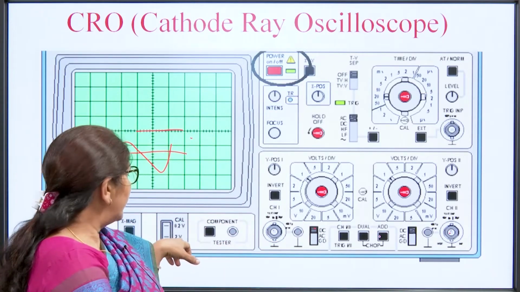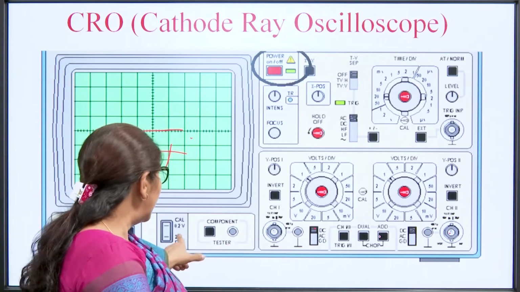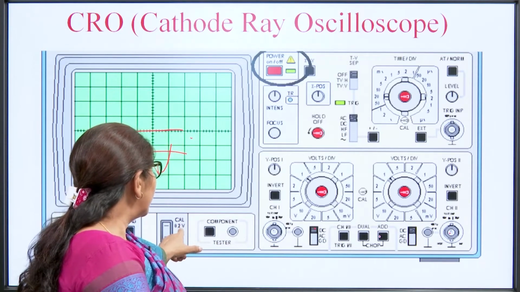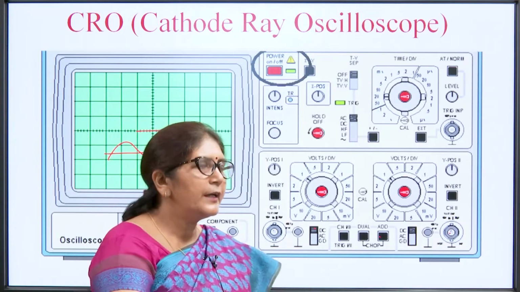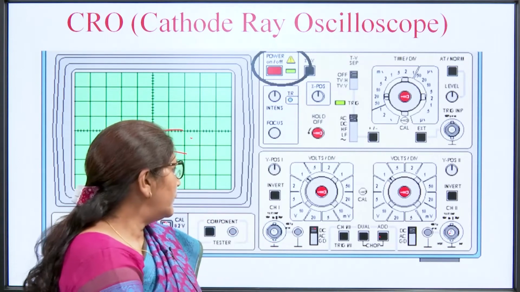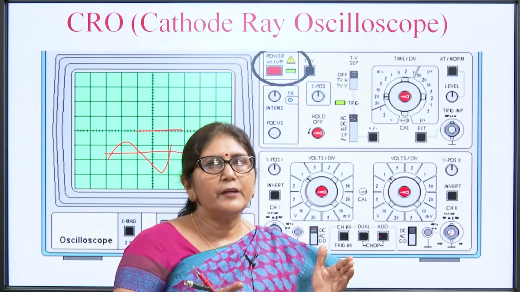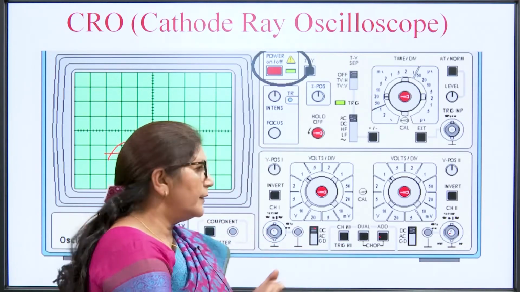We can find out the voltage till 2 volt or 0.2 volt. Suppose we have put this knob at 0.2 volt, and then we put this knob at the calibration position. Then we will see whether the voltage is 2 volt or not. That way we can calibrate this.